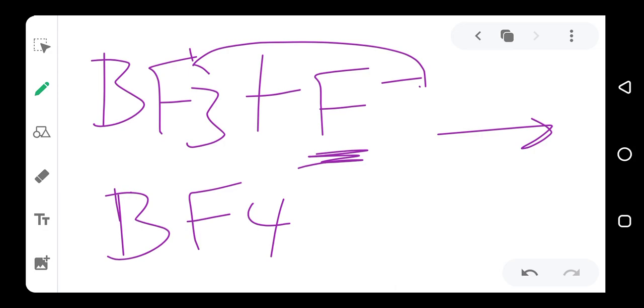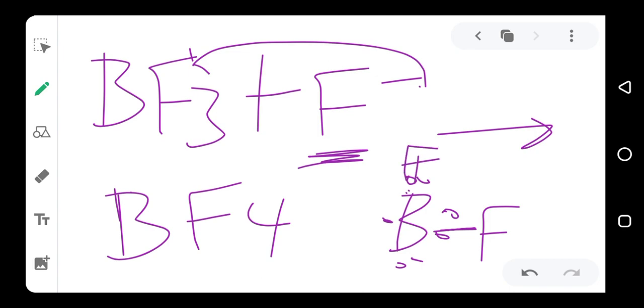So for this boron, we have fluorine here, and fluorine here.